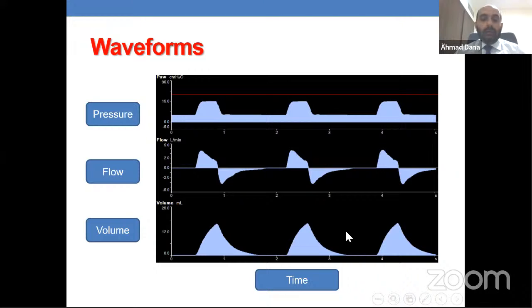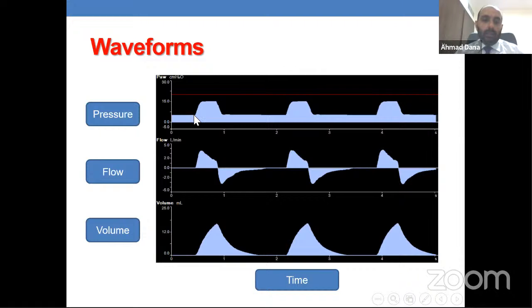Now we will start the graphics. To understand the graphics, we said there are 3 variables: the pressure, the flow, and the volume against time. The pressure is always above 0. This is the peak.